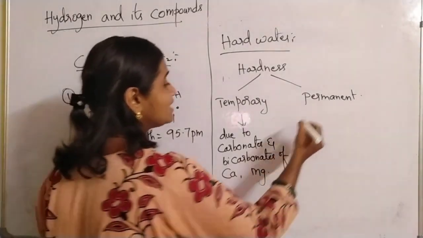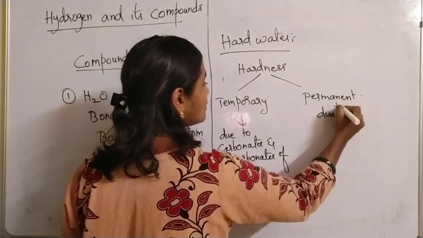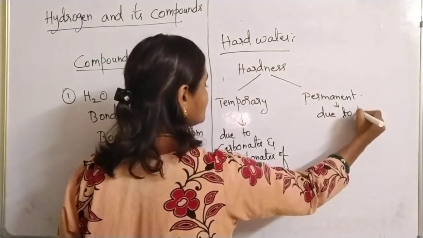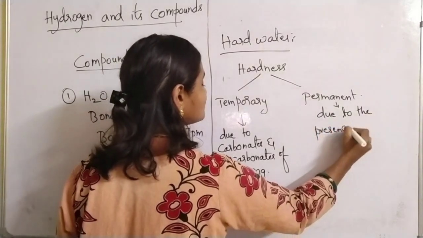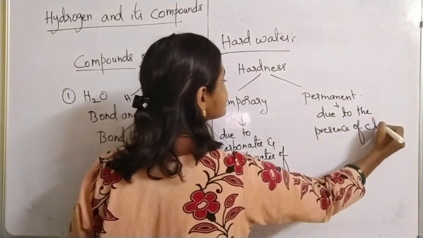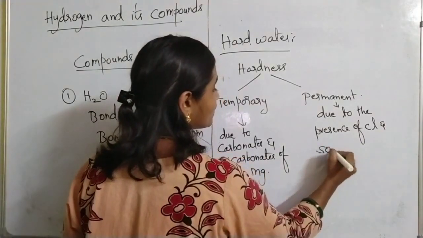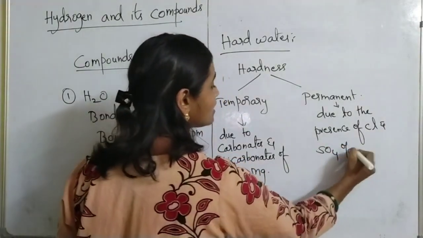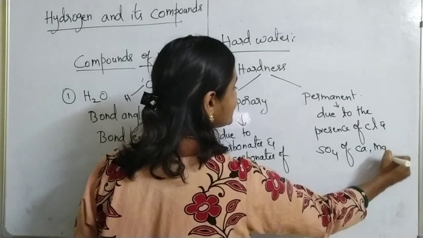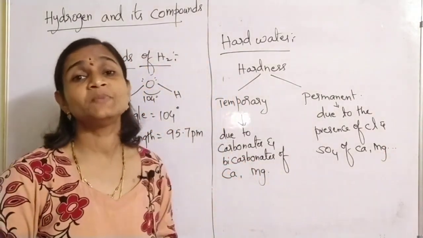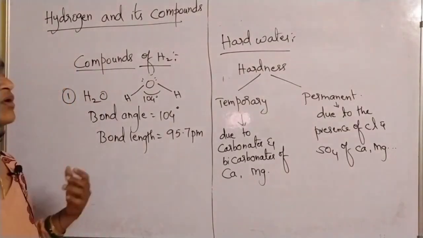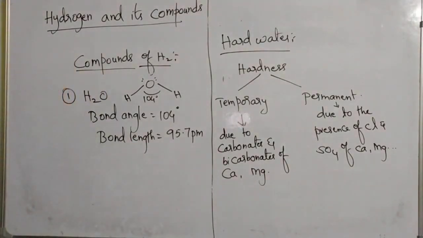Permanent hardness is due to the presence of what? Due to the presence of chlorides and sulfates of calcium and magnesium. If they are present, then it gives permanent hardness to water. So, temporary and permanent hardness.